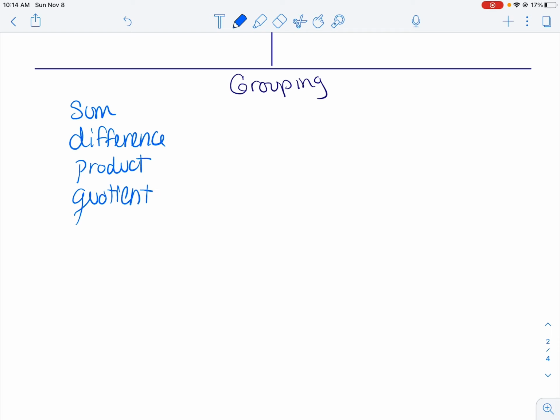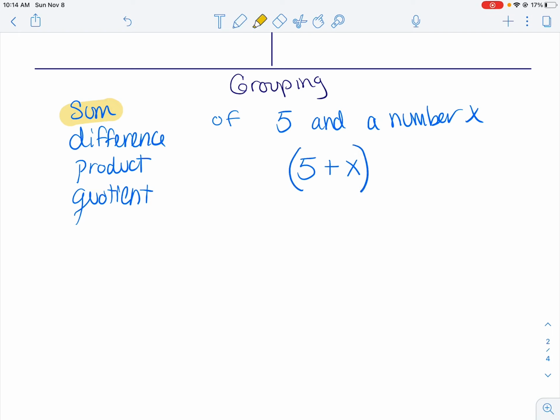All of those things really represent that we've grouped two values together. So let's take two numbers, 5 and a number x. The sum is the answer to an addition problem. So if I say the sum of 5 and a number x, then we want 5 plus x, but the sum is really this whole value.